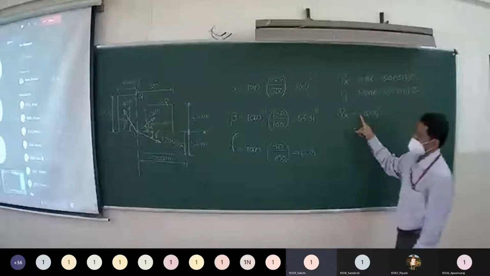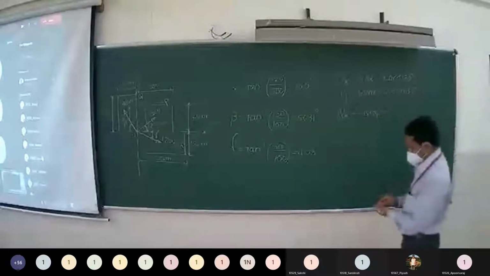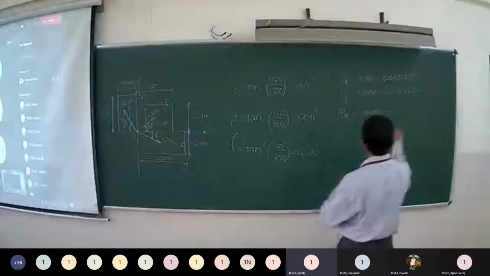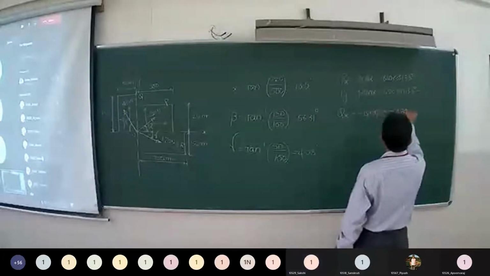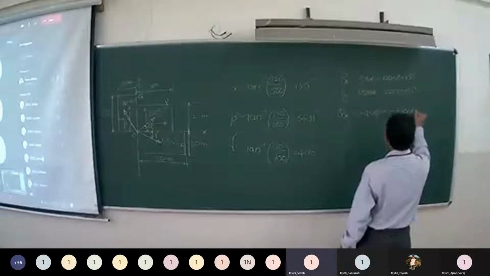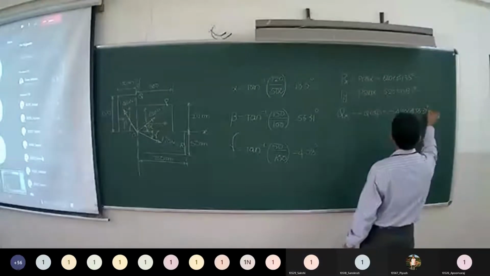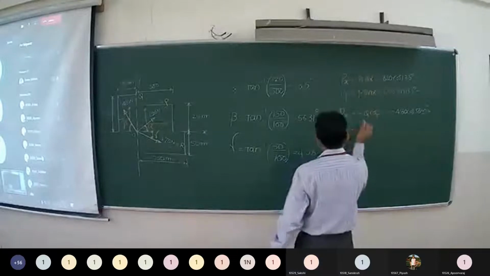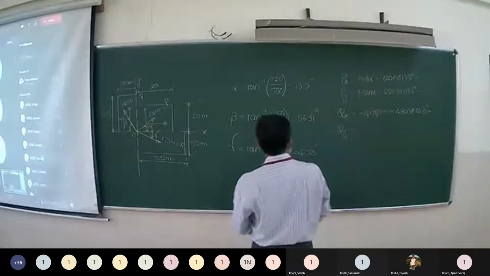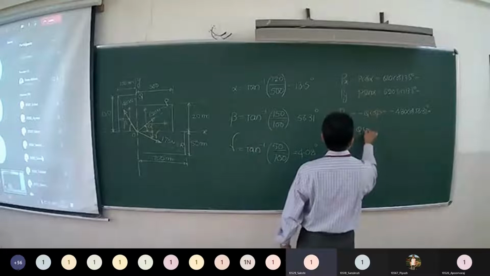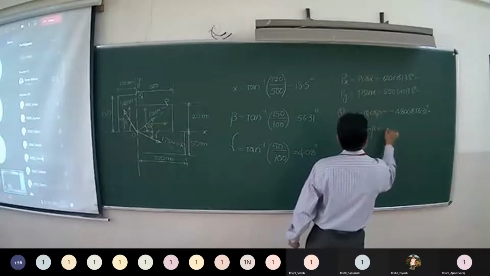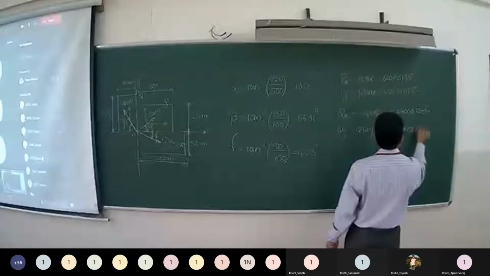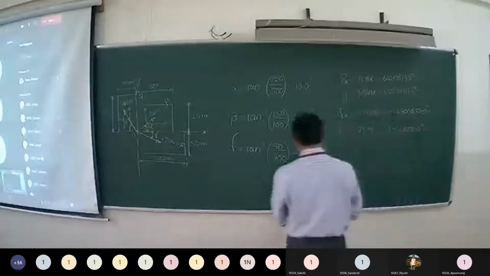Qy is upwards, so it is Q sin beta. So it is 480 sin 56.31.